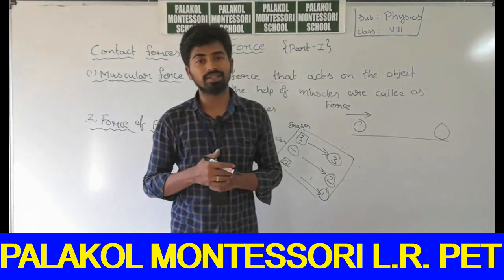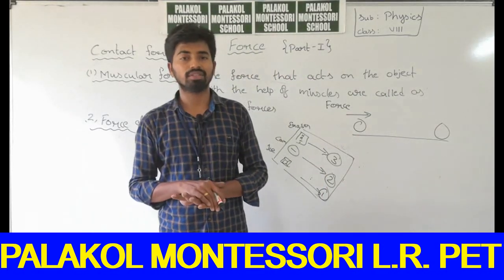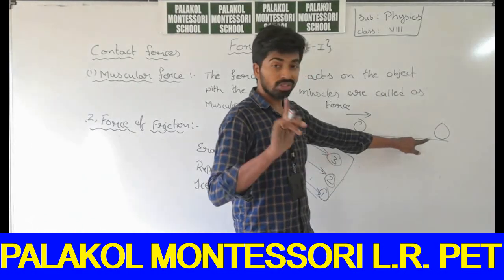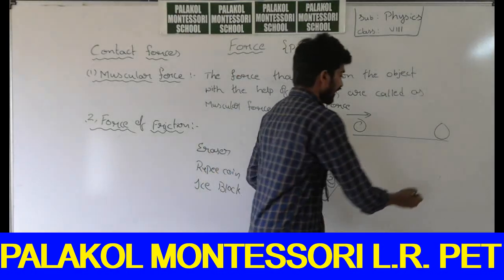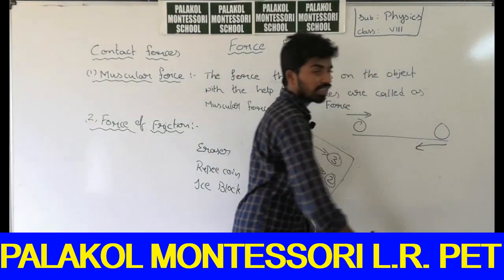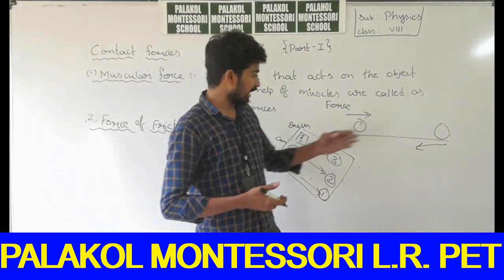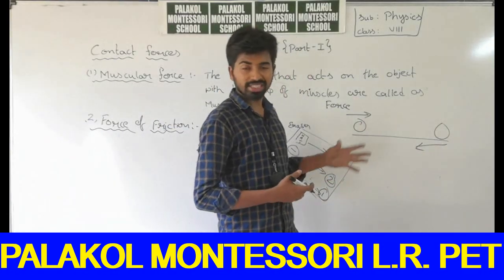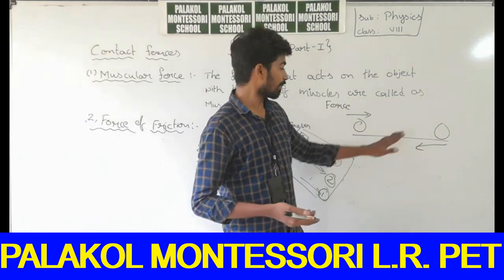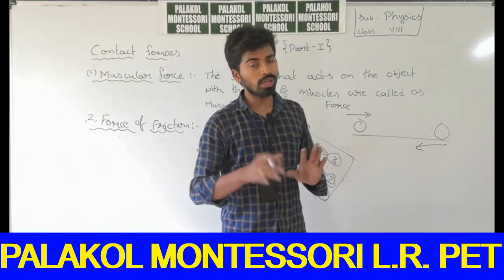It travels some distance and stops at some position. Who stopped that ball? Some force is acting on the ball in the opposite direction to its motion. Who applied that force?